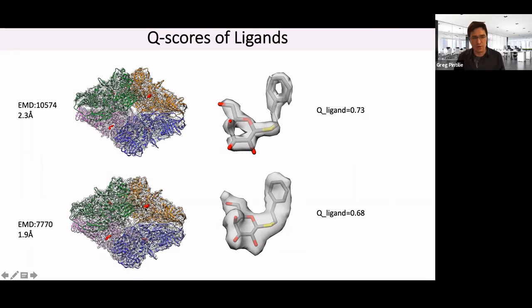In this case, for some reason, these ligands are not as well resolved. There are probably a lot of interesting experimental factors as to why this happens. But the take-home message is that I thought it was interesting that the Q scores can give you a score that better reflects the resolvability of each atom at different parts in the map.